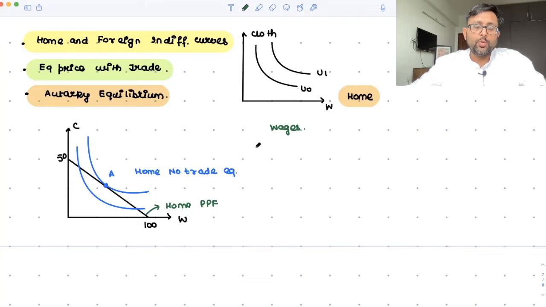So suppose one worker can produce 1 unit of the commodity, and I can sell this 1 unit at 2 rupees. I'll be employing the worker up to the point where my wages are equal to 2 into 1, although I would want to give less than that.